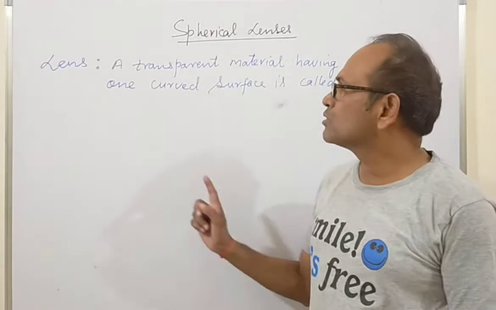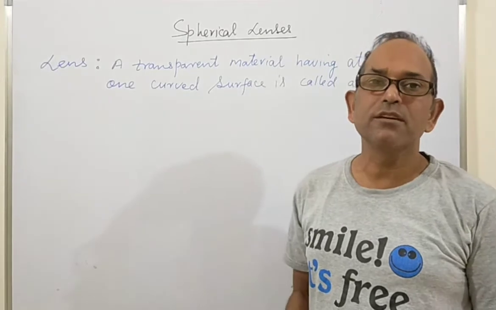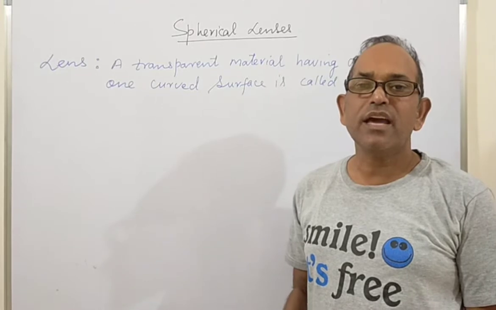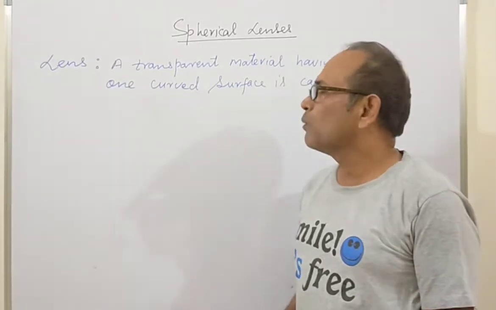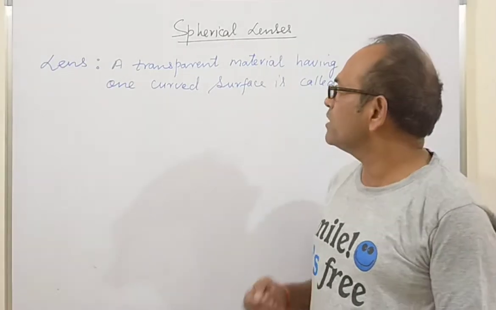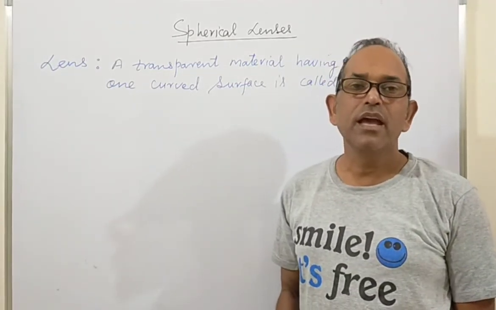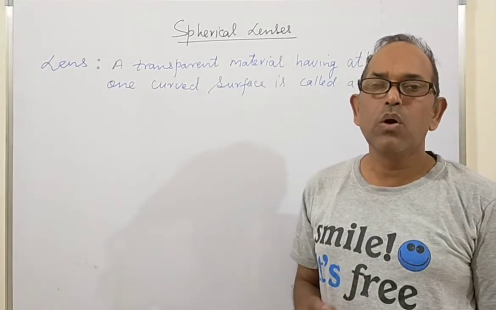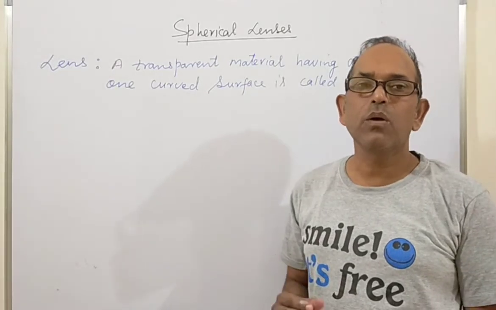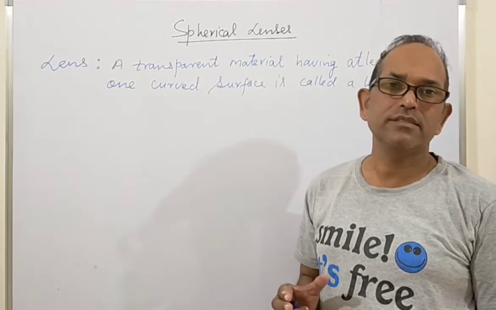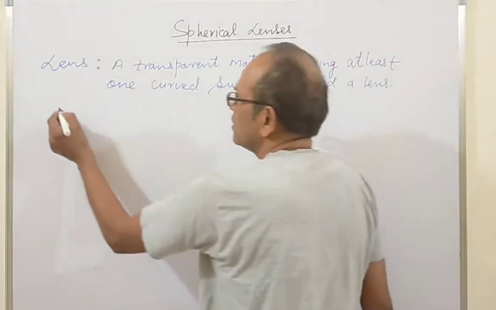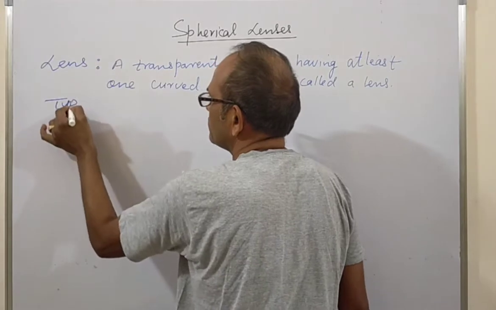Okay, so here also, if the refracting surface is externally bulged or it is thick at the center, then we call it convex lens. And when the refracting surface is internally curved or the lens is thin at the center, then we call it concave lens. Okay, so types of lenses.